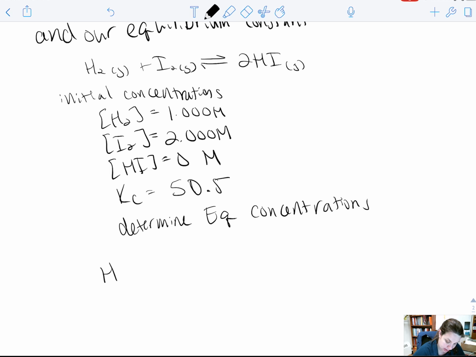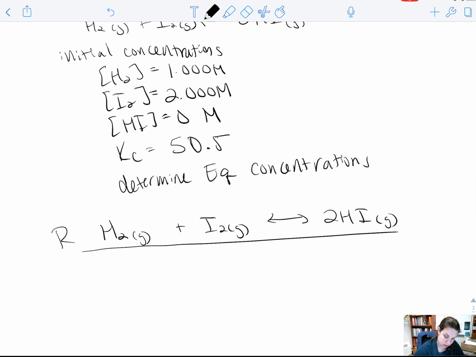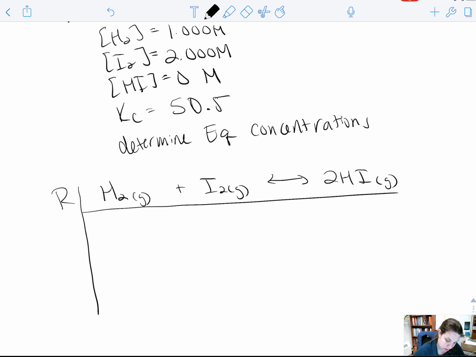So we have our reaction, H2 plus I2 going to 2HI. We're going to put our initial concentrations in here: 1.000 molar for H2, 2.000 molar for I2, and 0 molar for HI.